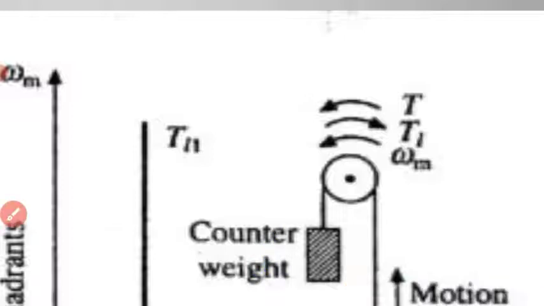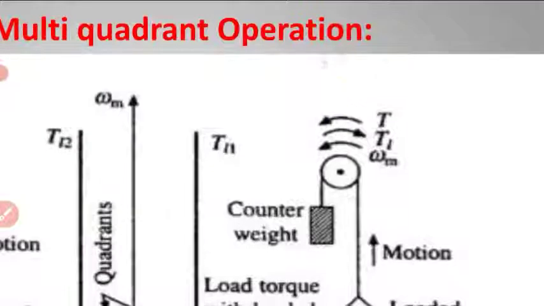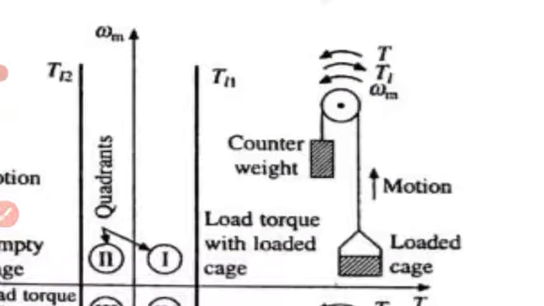The load torque will be in the opposite direction, because the motor is lifting the loaded cage.